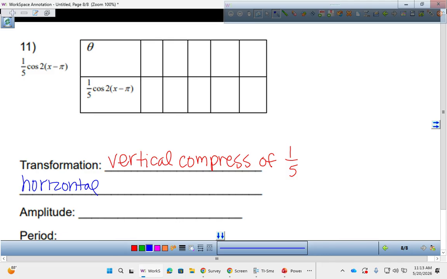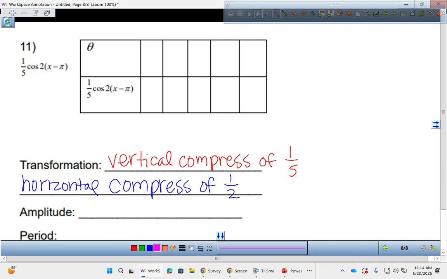So it takes what was once this and shortens the length. So it's actually a compress, all right? So this is a horizontal compress. And since it's a compress, the value needs to be a fraction, so we do the reciprocal. So instead of 2, it's 1/2.